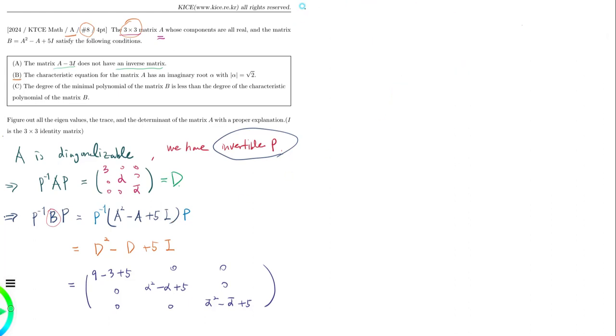The last point of this problem is a relationship between the minimal polynomial of matrix A and its characteristic polynomial. So for instance, let me give you a simple example.